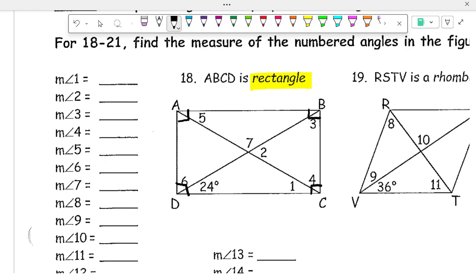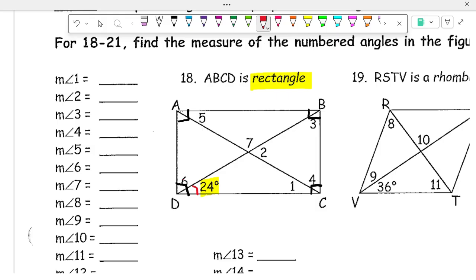Now, they gave us an angle already. This tiny angle right here, they told us to be 24. Which angle would be the easiest for me to start with? Number 6, which is right here.